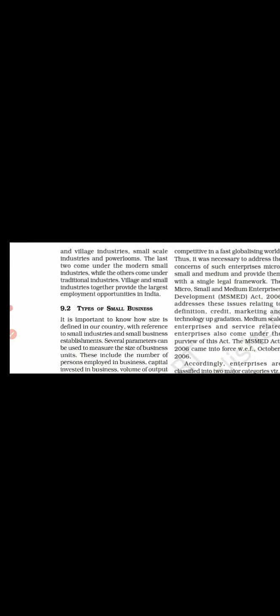And if we are talking about modern industry, in modern we can take the example of power looms, and there are many others, for example production and packaging of chips, etc. So we can easily find different types of industries in village areas.